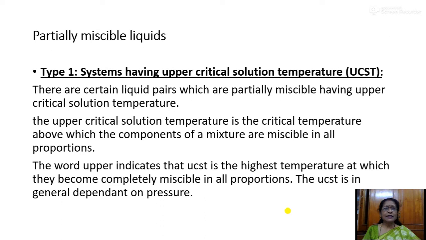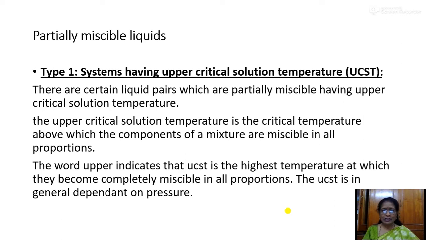Now here are the systems having upper critical solution temperature, UCST. There are certain liquid pairs which are partially miscible having upper critical solution temperature. What is this UCST? It is the critical temperature above which the components of a mixture are miscible in all proportions.